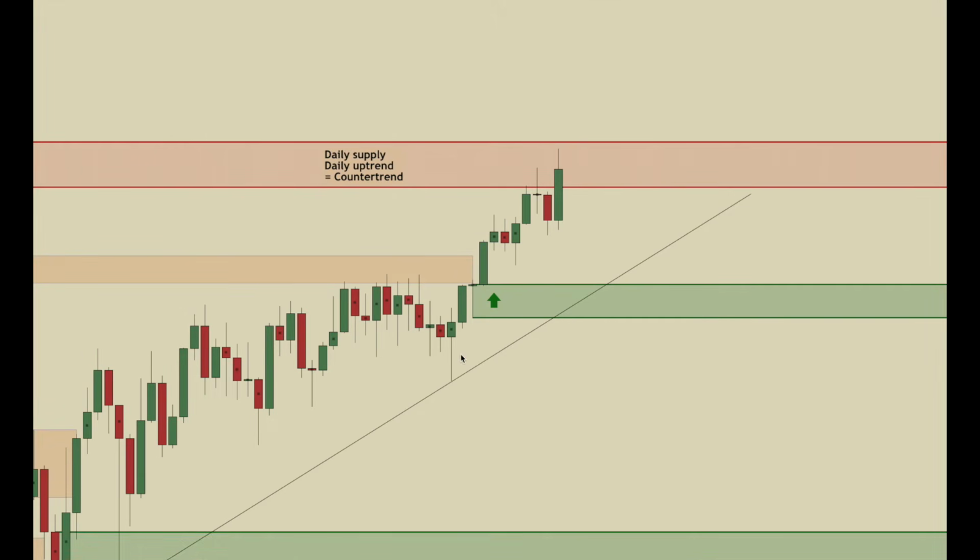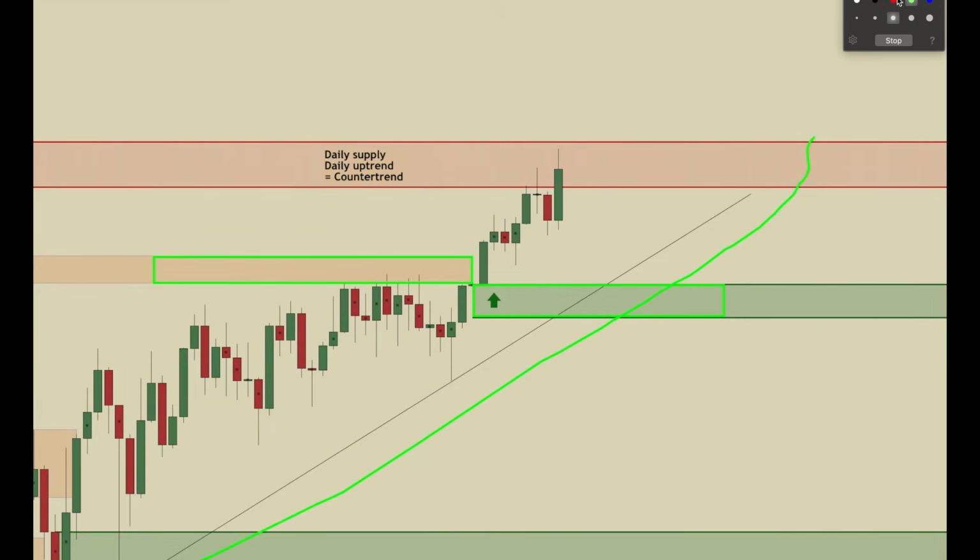All right, so this is an example where I see a lot of people making mistakes. As you can see, this is my highest time frame, so my daily. We have the trend line up, so price is in an uptrend like that, with demand zones obviously being respected, supply zones being removed, and then right here we have our daily supply.